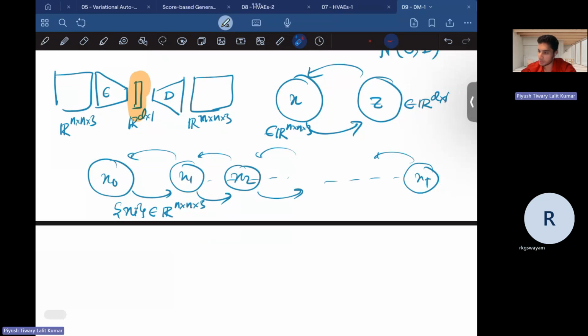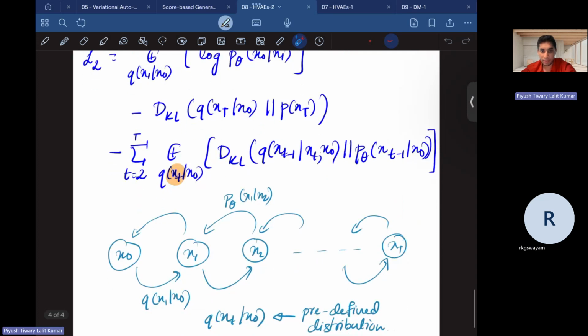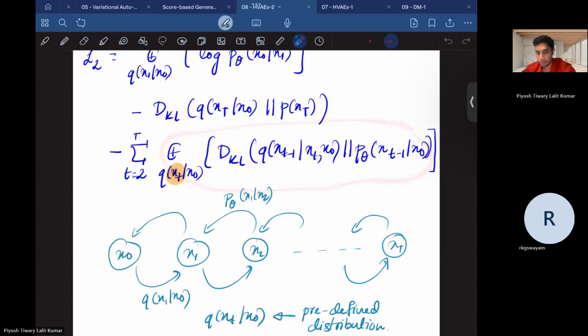I think the confusion is here: while training, how many times do you go forward and backward? Actually there is no going forward and going backward. If you think about it, this is just one term that you have to calculate, and calculating this term just needs you to sample from xt.